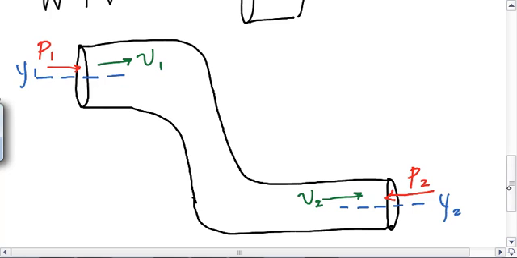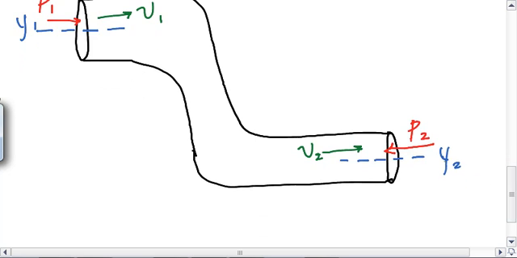So the work done by the pressure, the difference in pressure at the top and the bottom, is non-conservative. Do you remember non-conservative work? The work done by a non-conservative force. Work NC was equal to delta K plus delta U. Okay?